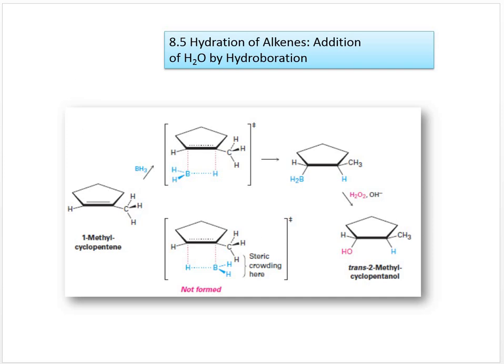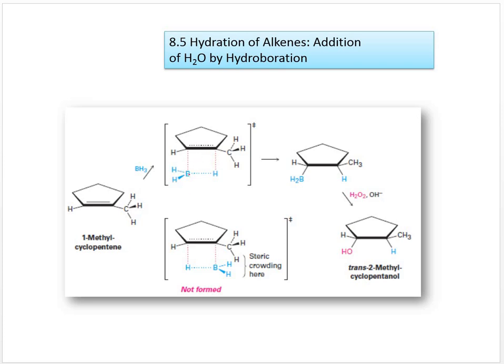At the same time, boron-hydrogen bonds break and boron-carbon bonds form, the carbon-carbon double bond breaks, and hydrogen-carbon bonds form. This is a step in which all bond breaking and bond formation occurs simultaneously.